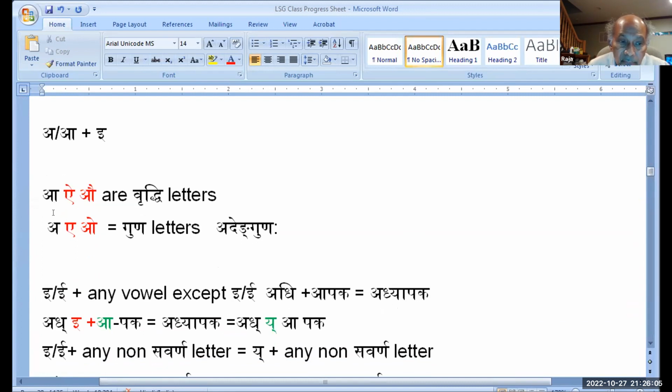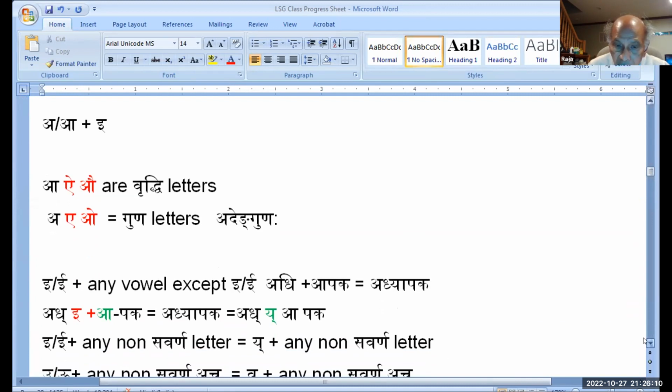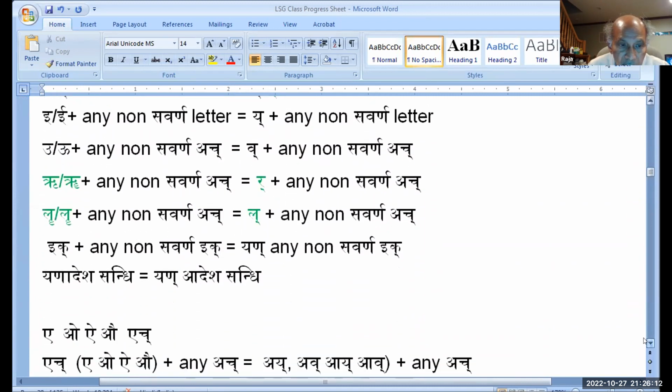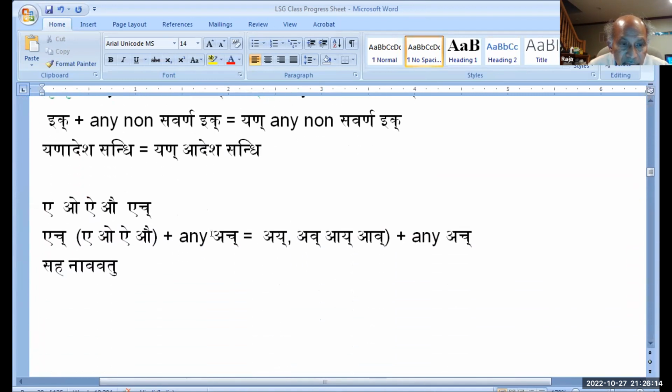Then we said if E, O, AI or AU is followed by any vowel, each one of them is replaced: E by AY, O by AV, AI by AAY, and AU by AAV.